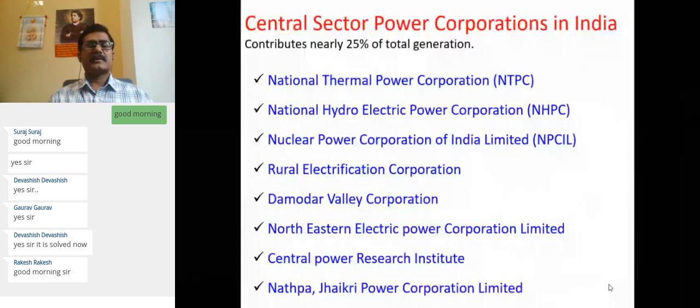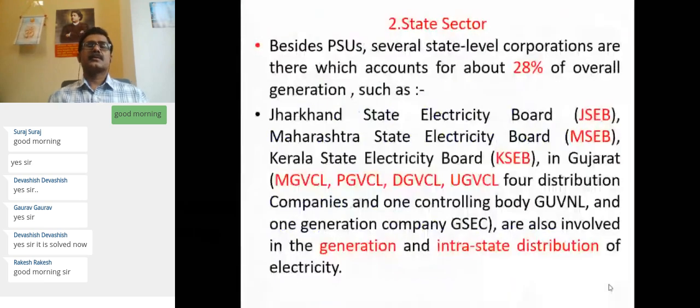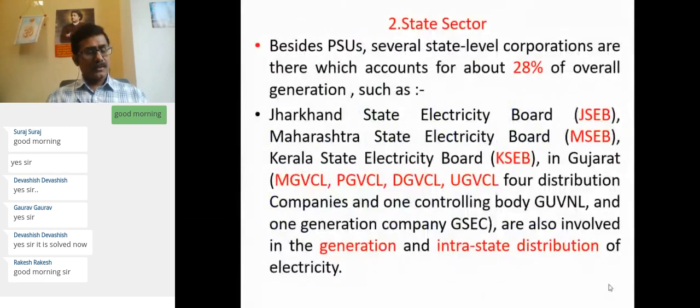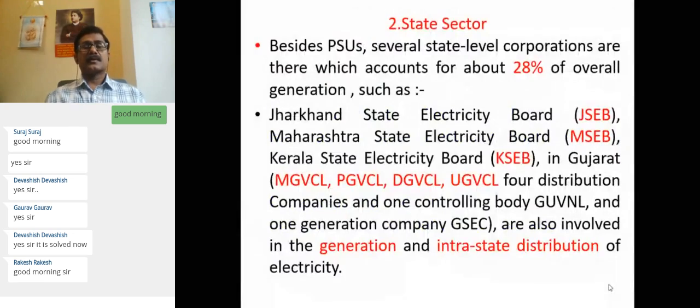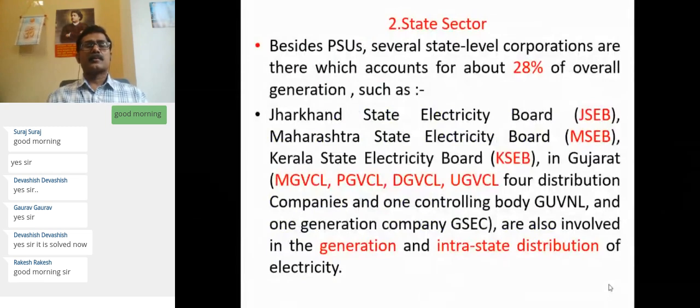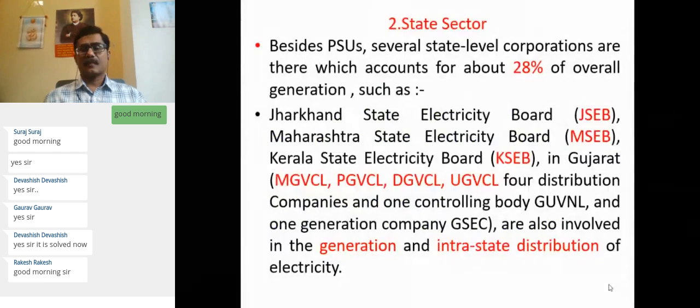So I will move on to the next slide. Having discussed the central sector, the second is the state sector, the state electricity boards. Besides the PSUs, that is public sector undertakings, like those we saw listed in the earlier slide, several state level corporations account for 28% of the overall generation.